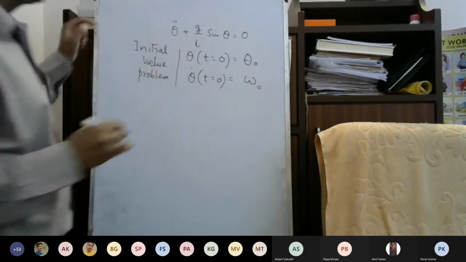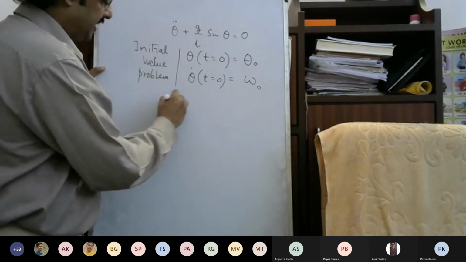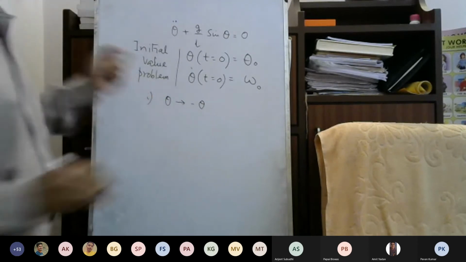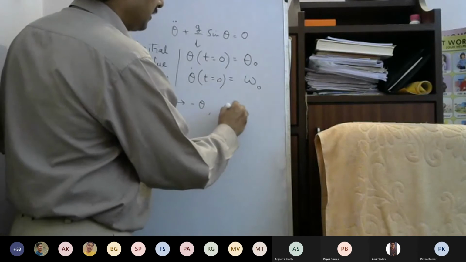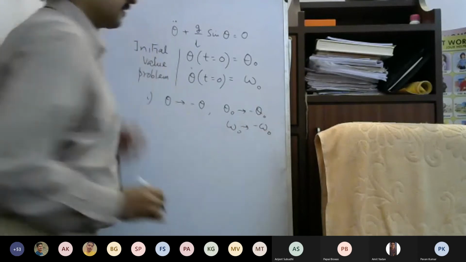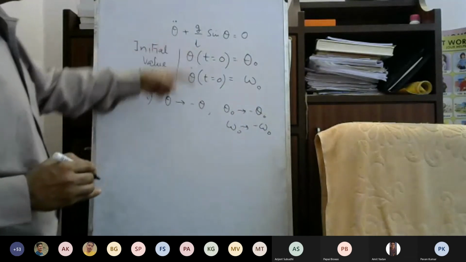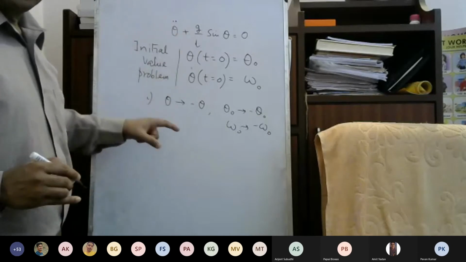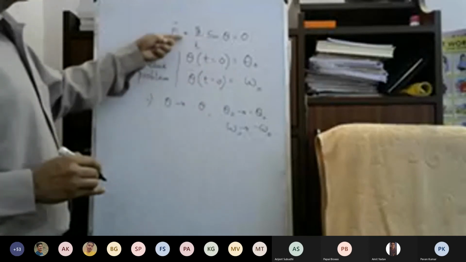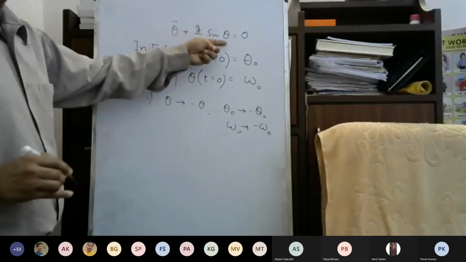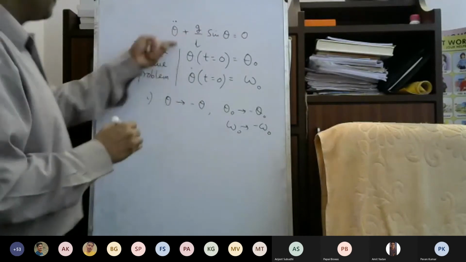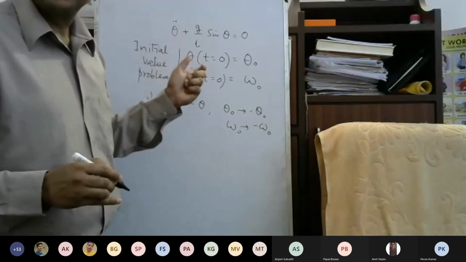With this initial value problem, if you change theta to minus theta, necessarily theta naught has to be changed to minus theta naught, and omega naught to minus omega naught. In that case, you will see that the equation of motion and the initial conditions do not change.